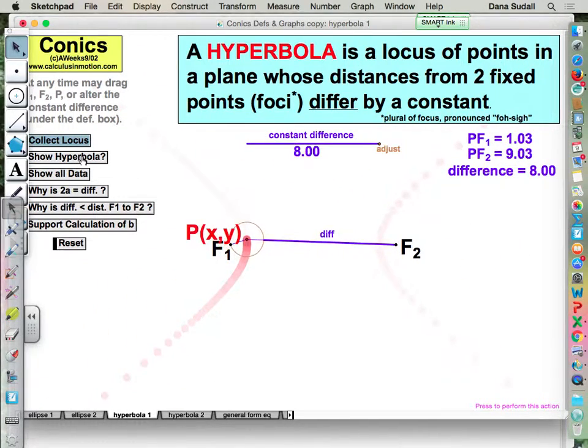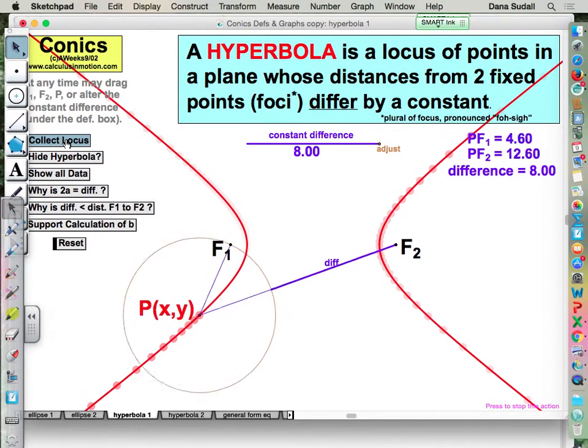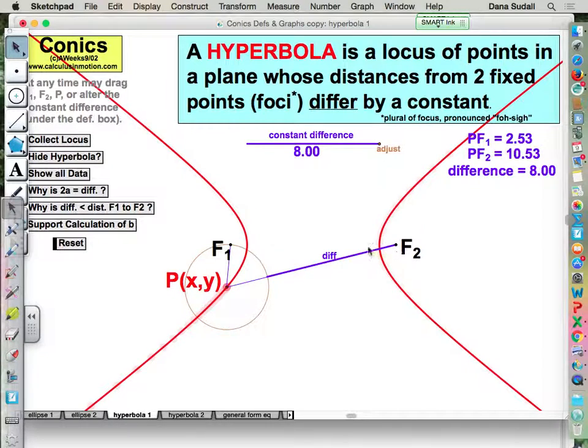So let me slow this down so you can actually see what's going on here. Okay, so the distance from this focal point to a point on the hyperbola minus the distance from the other focus point to the same point is going to be the same.